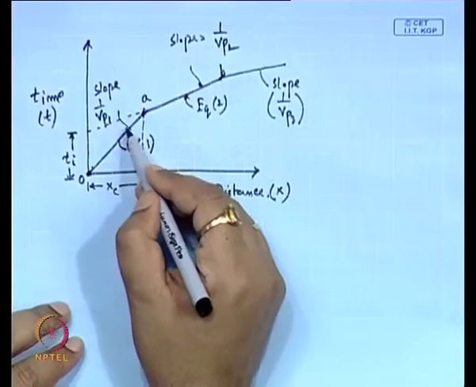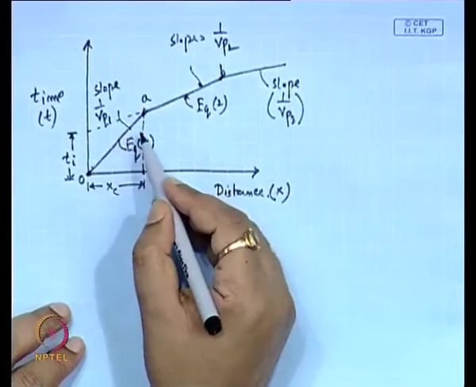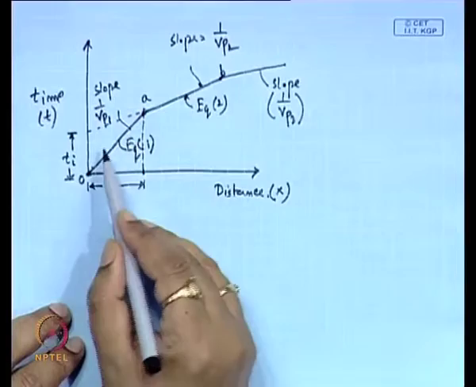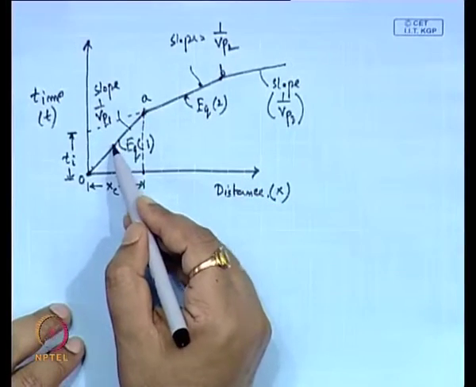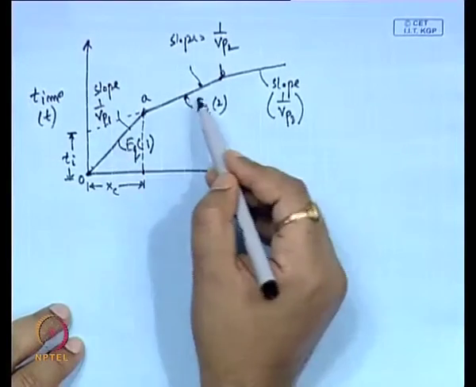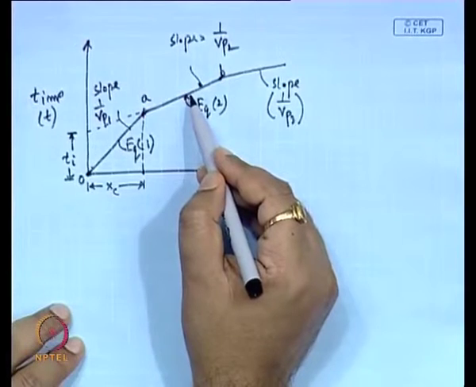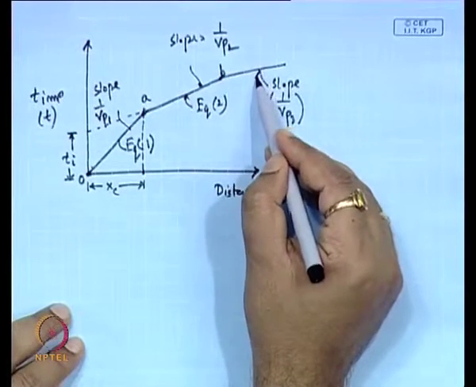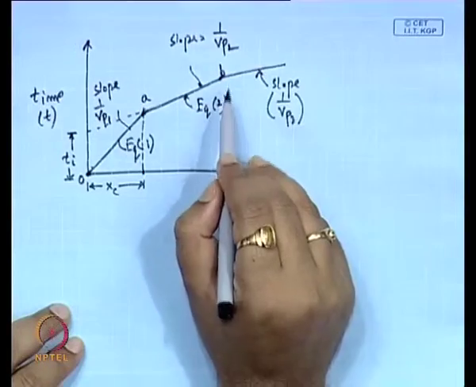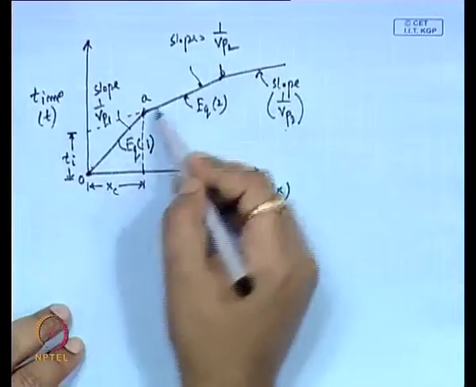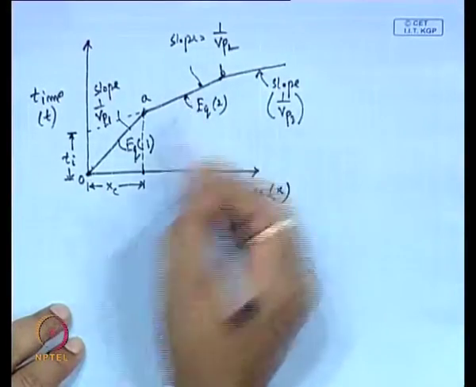So, if we know the slope, we can easily determine the velocity of each layer: this will determine the velocity of the first layer, this graph the velocity of the second layer, and this graph the velocity of the third layer, if we draw this graph and determine the slopes.